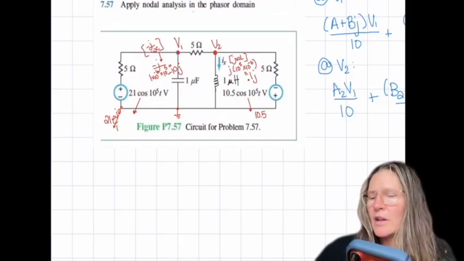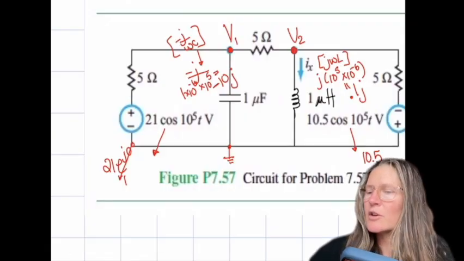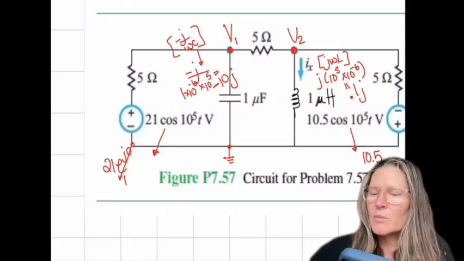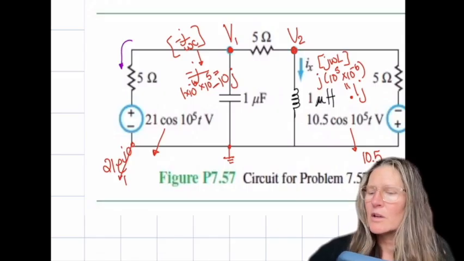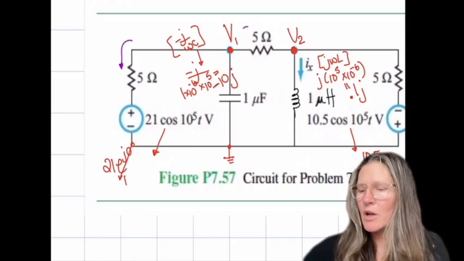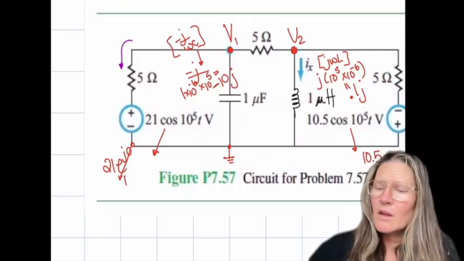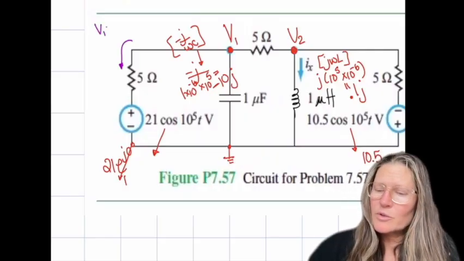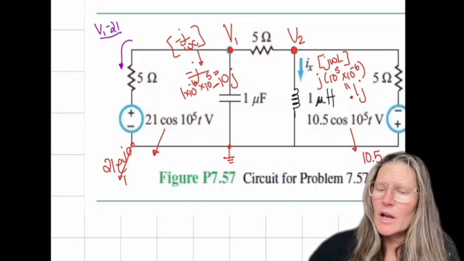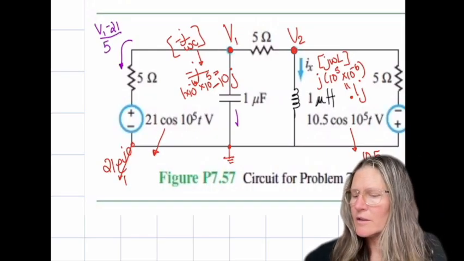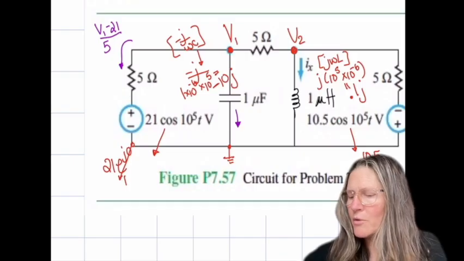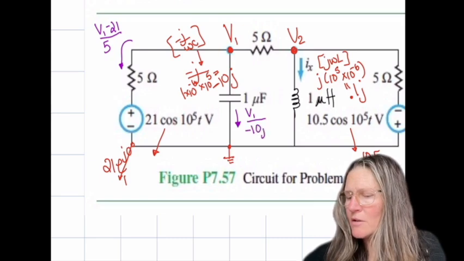With this, I need to write the currents in each of these branches. In this one, it's going to be V1 minus 21 over 5. And in this branch, it's going to be V1 over minus 10j.